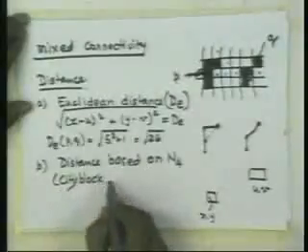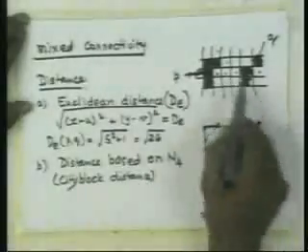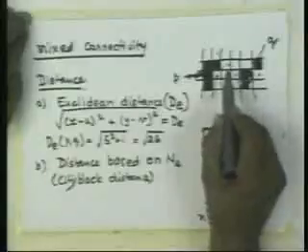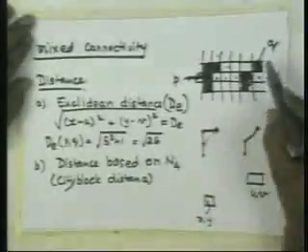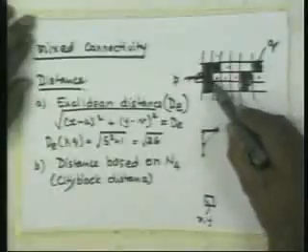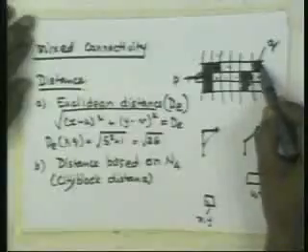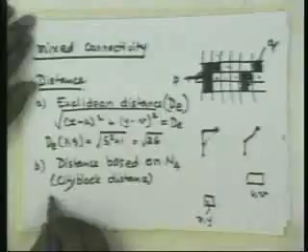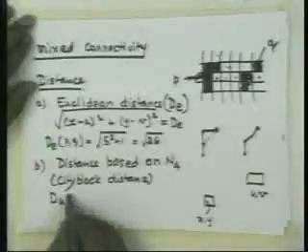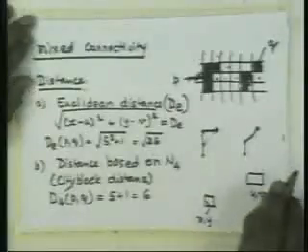You imagine these to be streets and these pixels to be some buildings. So obviously you can't go through the building. If you want to come from P to Q, then you have to go 1 block, 2 blocks, 3 blocks, 4 blocks, 5 blocks, and 6 blocks. You have to travel 6 blocks. So D4 between P and Q will be equal to 5 plus 1 will be the distance.